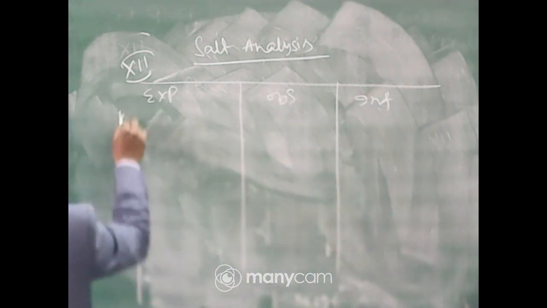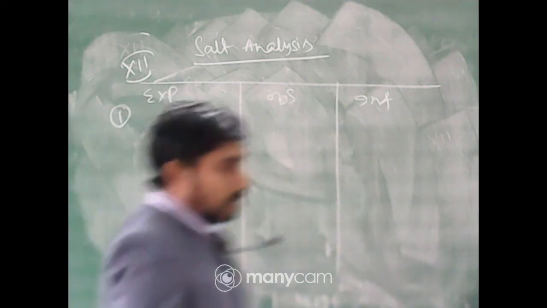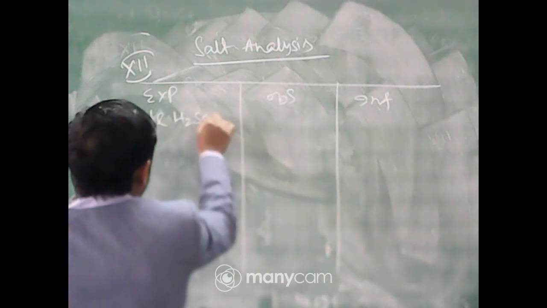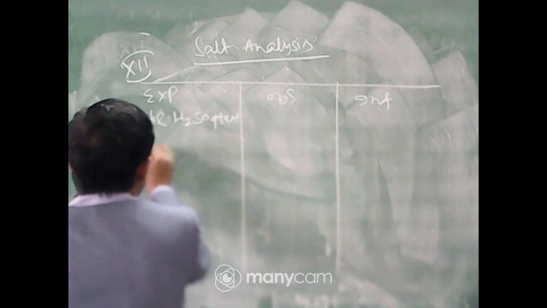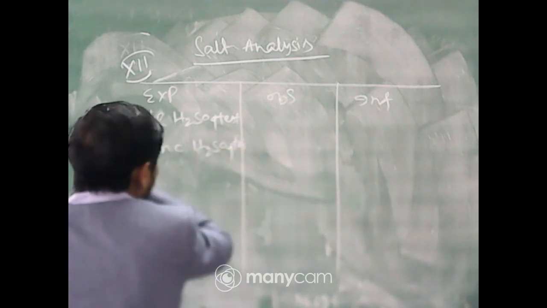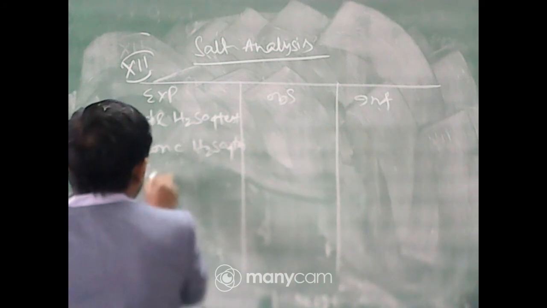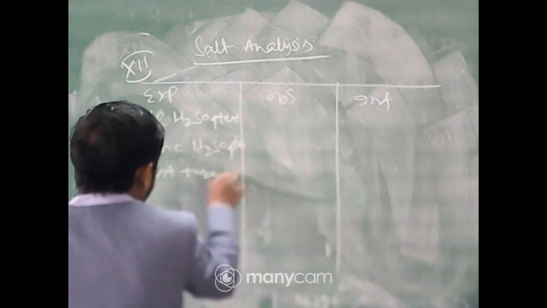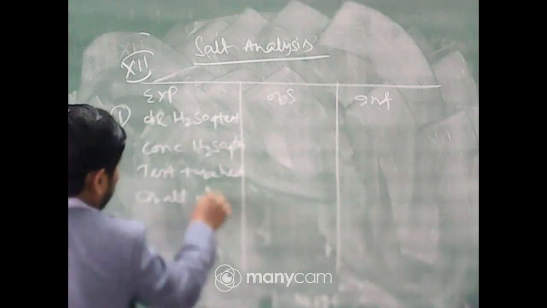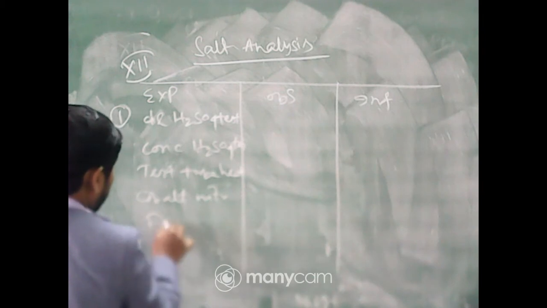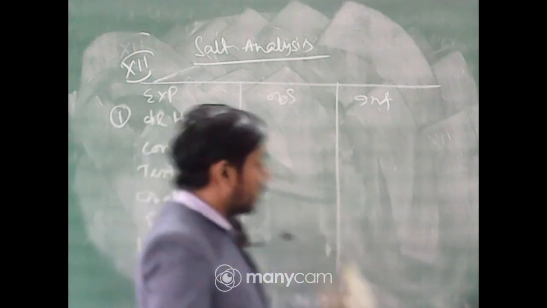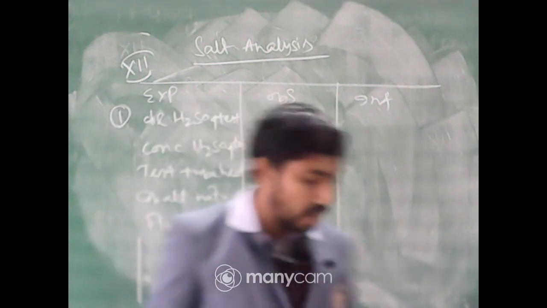In the experiment column, you will write all the tests: the dilute sulfuric acid test, dilute H2SO4 test, concentrated H2SO4 test, then test tube heating test, cobalt nitrate test, flame test. And what will you write in the observation section?